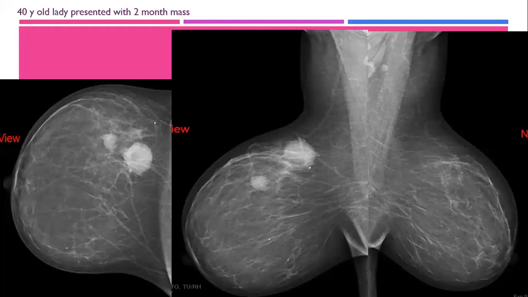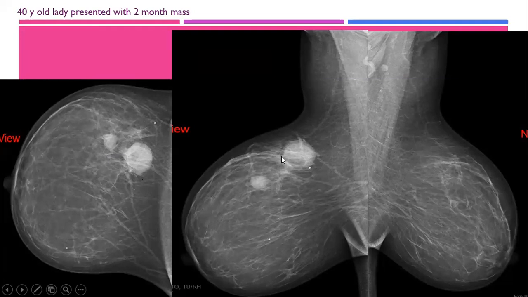Okay, if you go back, how are you going to describe it? Look at the margins here. This is the site of ductal extension of the mass. This is indistinct, and some distortion is here. There are even some spicules in these lesions.